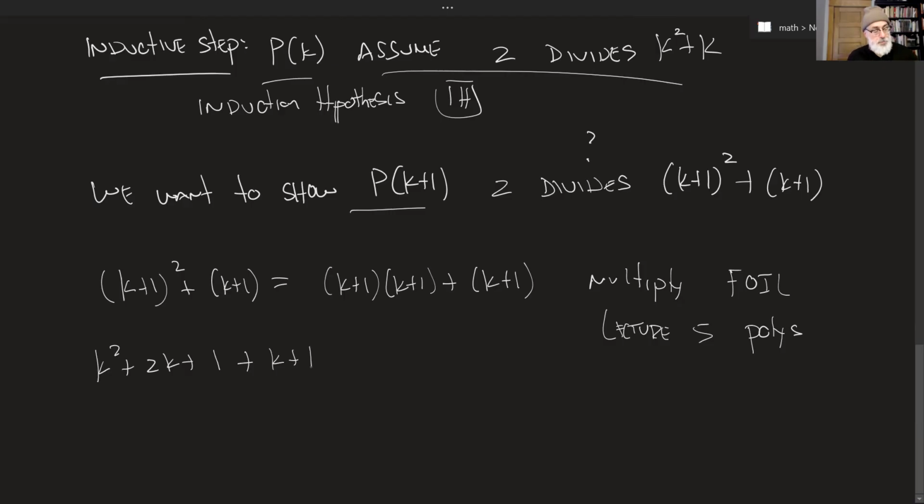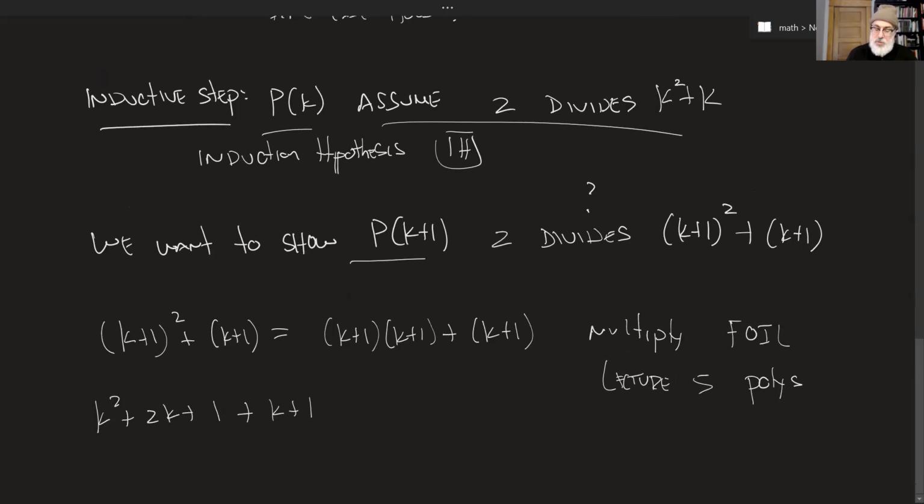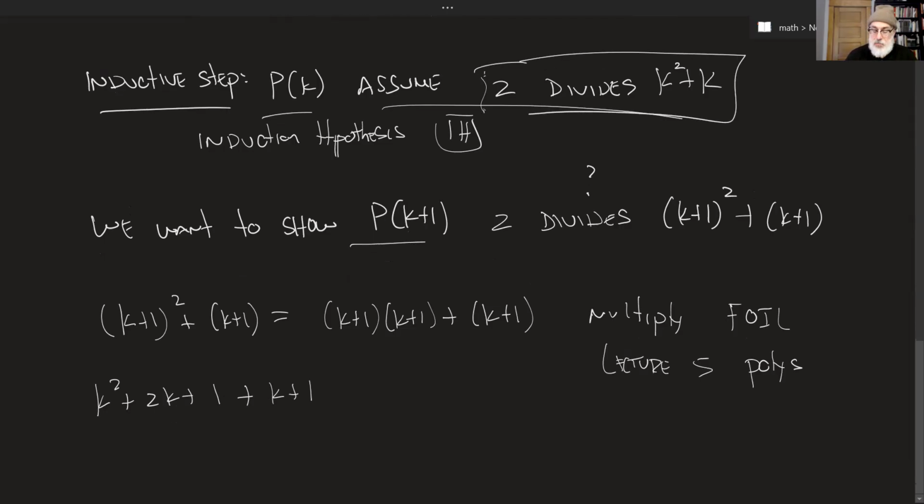Okay, so at this point, we usually group like terms and we'll factor and then say, okay, we're done. But let's be a little more strategic. You should resist the urge at this point to combine like terms. The reason is because we want to use the induction hypothesis, that 2 divides k squared plus k.